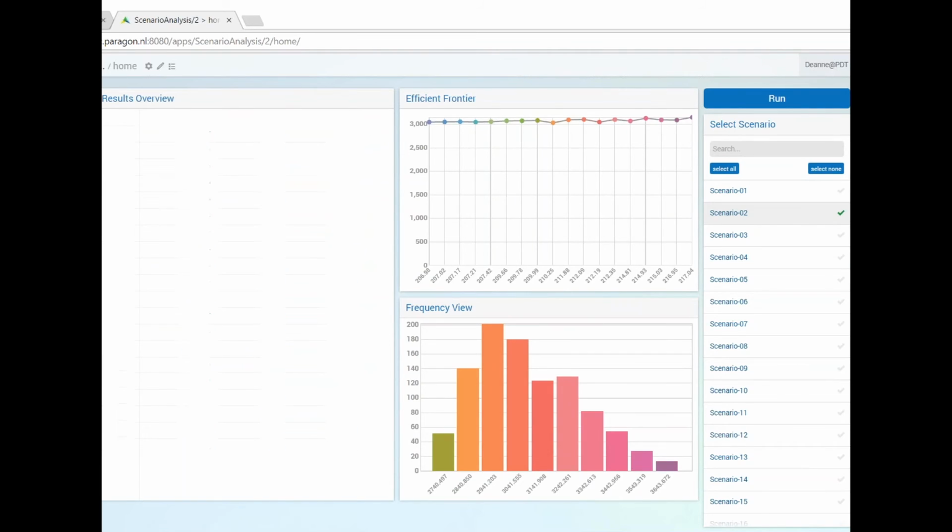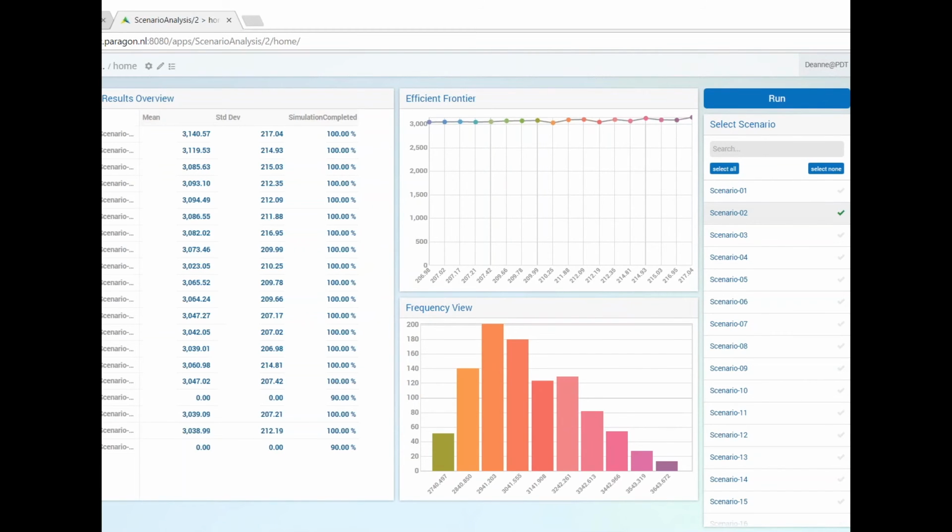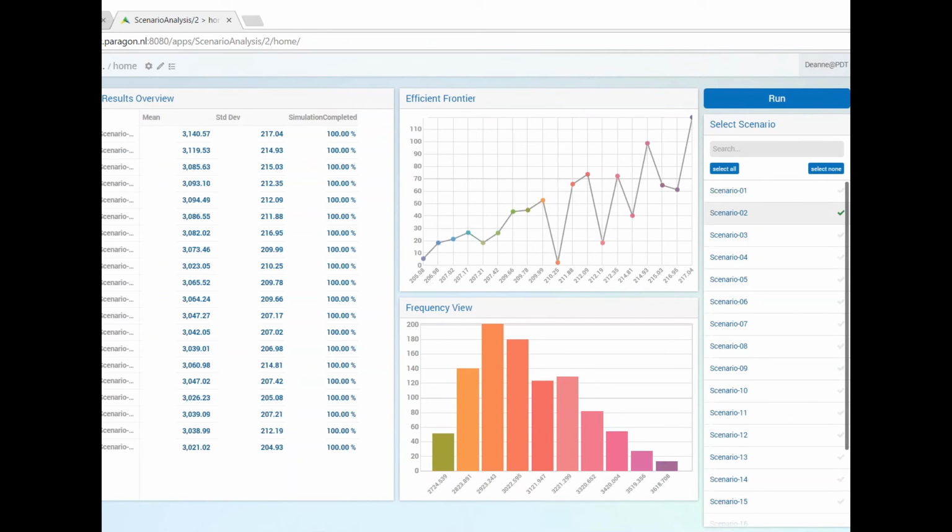So almost all waiting for all the scenarios. When all the scenarios are done, we will refresh this efficient frontier. So instead of the absolute return, we use a delta between the different scenarios to really see the differences between scenarios.